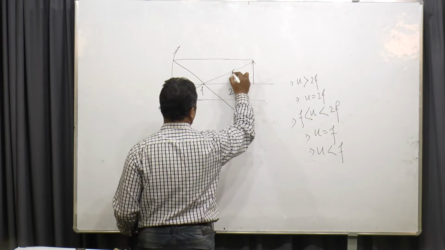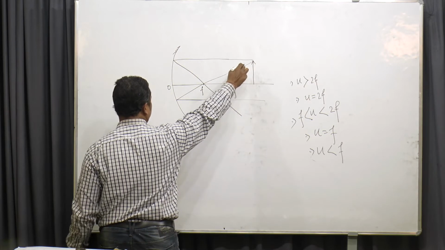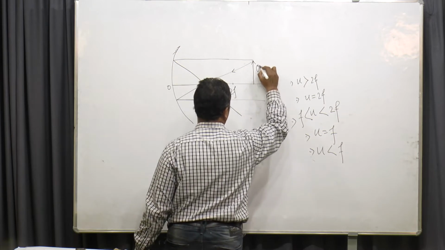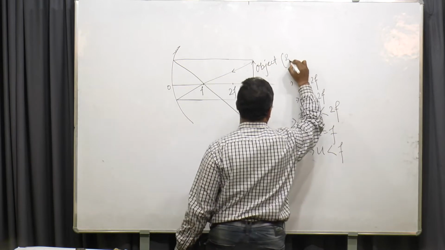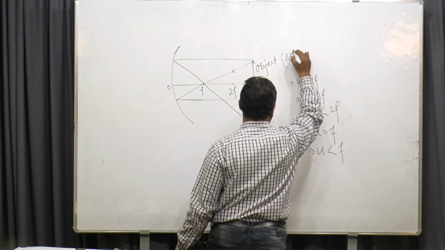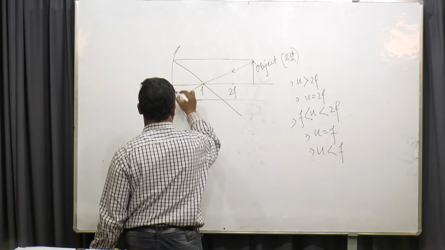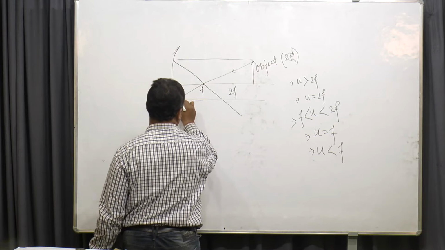So this ray coming from the object, this is your object, after mirror reflection goes parallel.